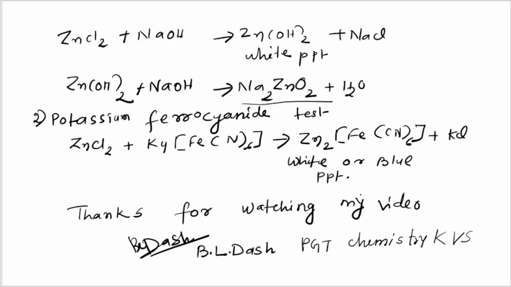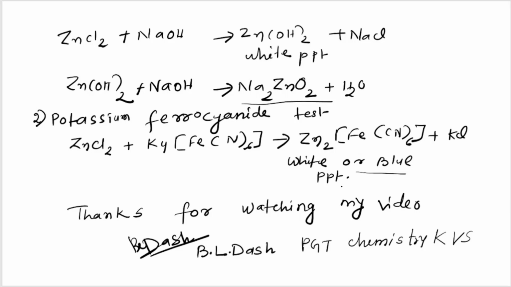That's very, very important, you should remember Zn2[Fe(CN)6]. This is a complex compound, a coordination compound, and potassium ferrocyanide is also a complex compound, by which you are getting a white or blue color precipitate. So I hope it is clear.